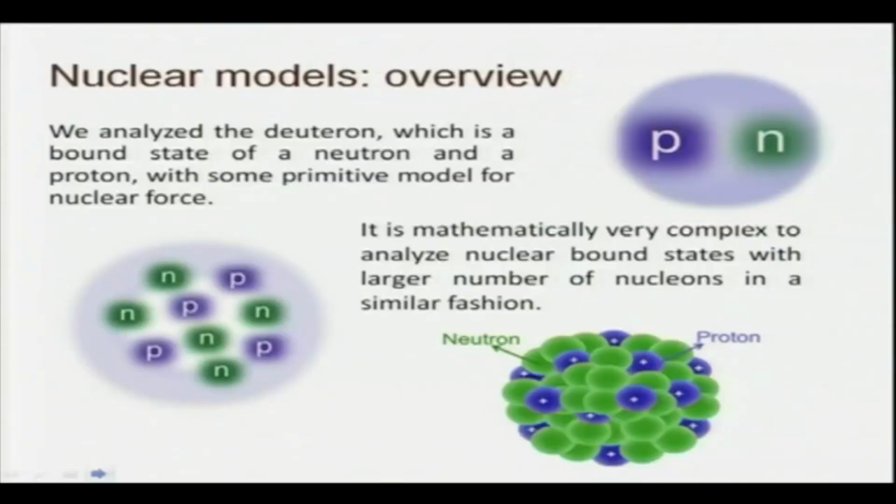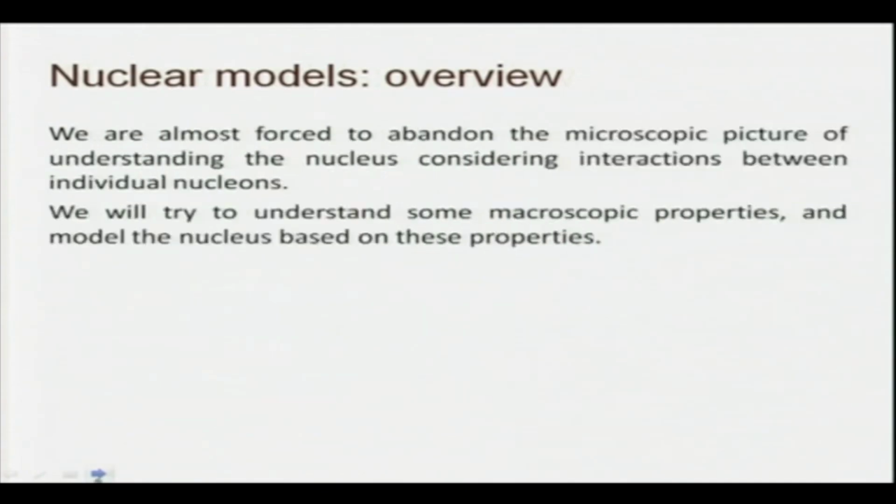This is so even for light nuclei like beryllium with 4 protons and 4 or 5 neutrons in it, and it is unimaginably complex when it comes to iron or uranium or heavier elements like that, where there are 90 to 100 protons and more than 100 neutrons, etc. in it.